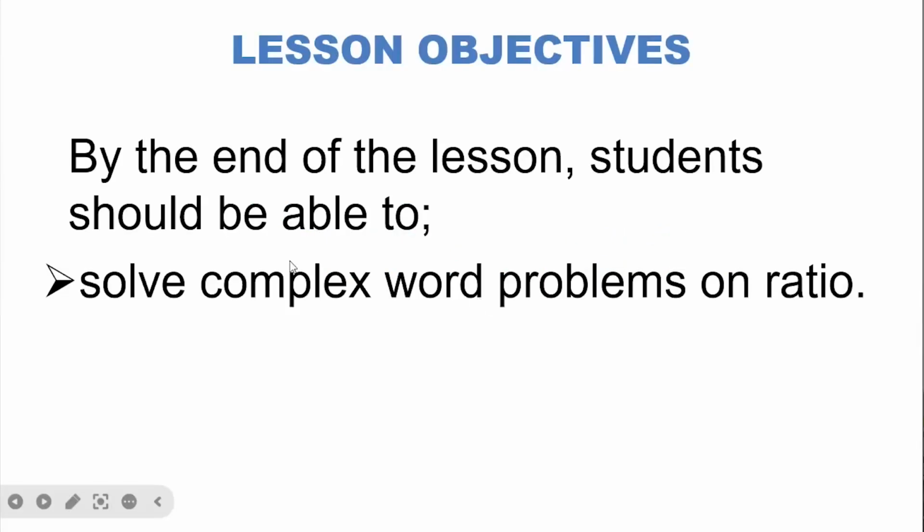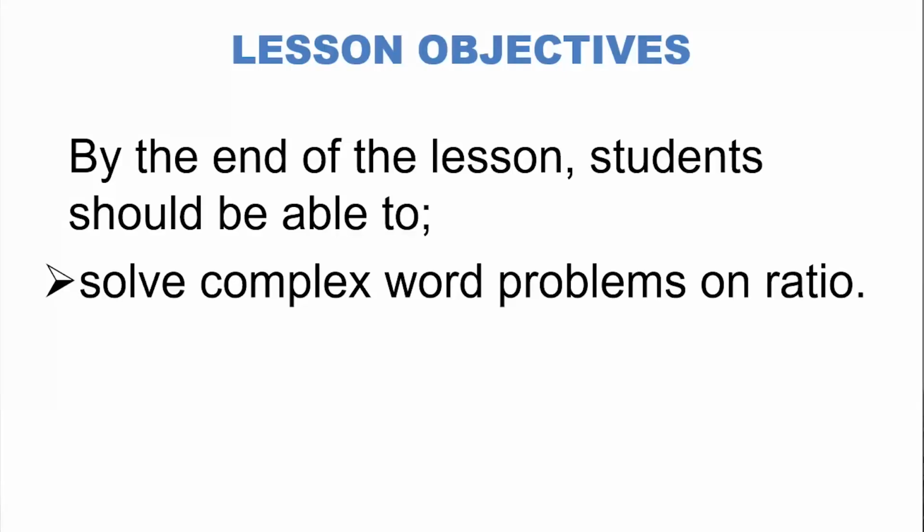Today we'll go further to look at some things that we have not been able to see in ratio. So let's look at the objective of the lesson for today. By the end of the lesson, you should be able to solve complex word problems on ratio.